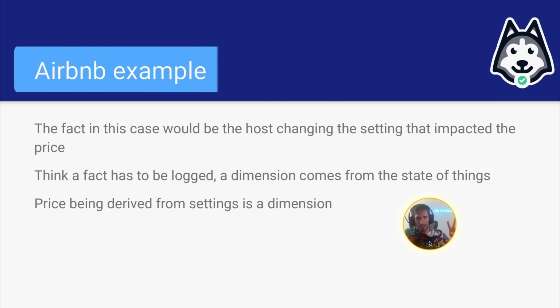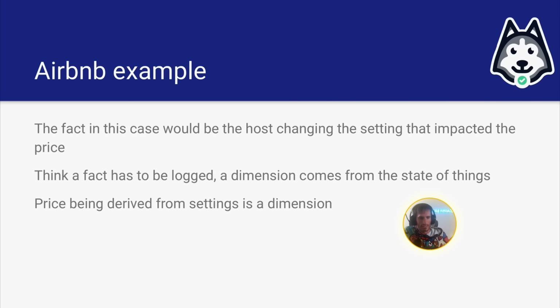There are two things to think about here. A host can go and change their settings where they might offer a discount, like a last minute discount or an early bird discount. When they change their settings, that logs an event, and that is a fact because it's logged. But price is actually derived from all of the settings that the host has set, and these settings are state.